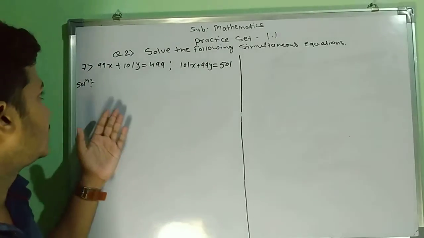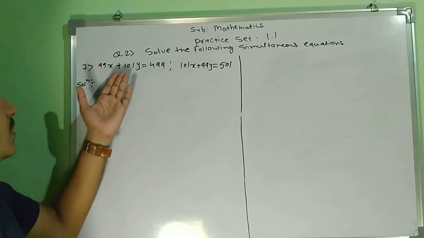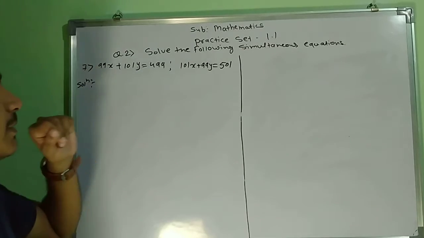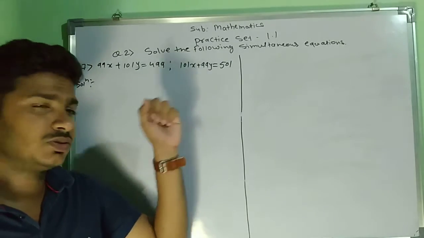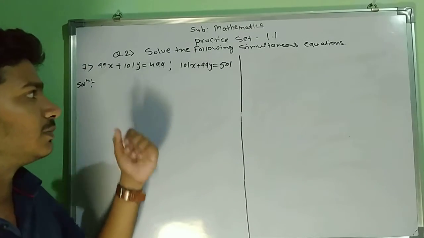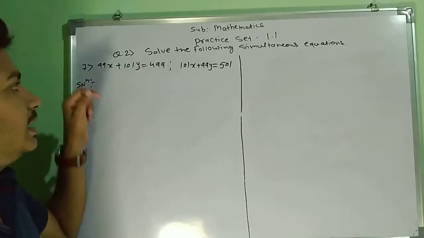So students, this is the 7th example of the same practice set 1.1. Now look here, we have 99x plus 101y is equal to 499, and 101x plus 99y is equal to 501. So we will solve that example. Whenever you see this kind of example, the coefficients are interchanged.